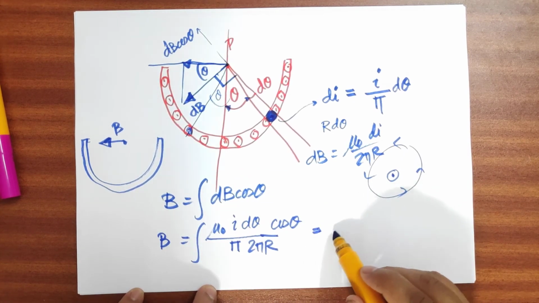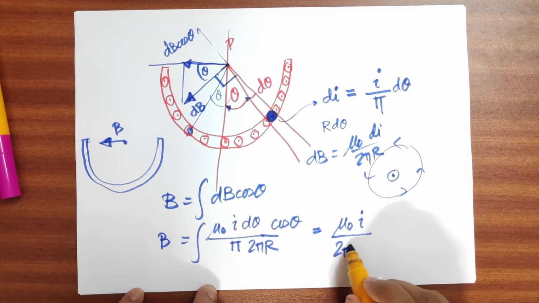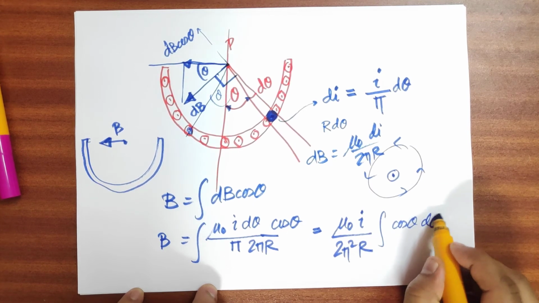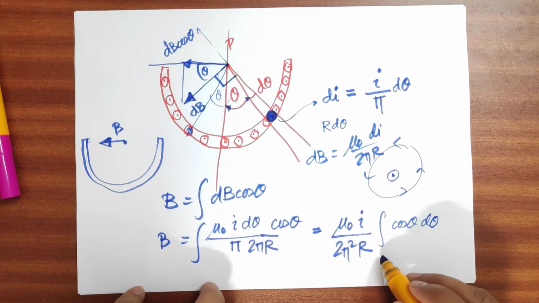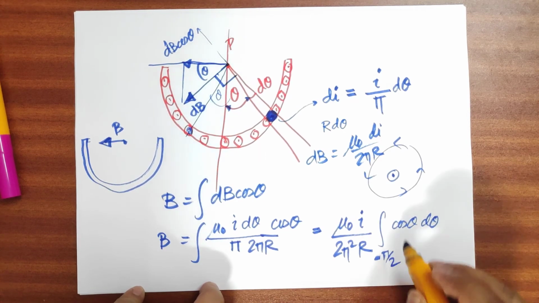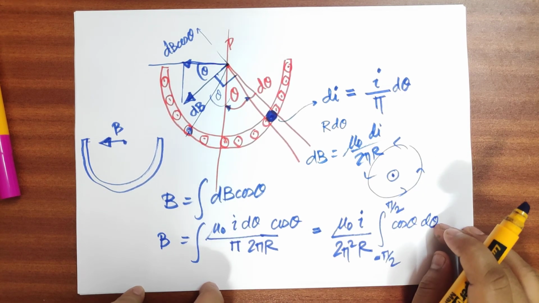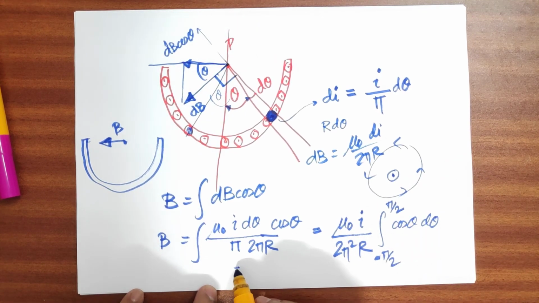So that is mu naught I divided by 2 pi square r, times the integration of cos theta d theta. The limit of theta is from minus pi by 2 to plus pi by 2. Here you have sin theta. Sin theta with these limits will give you 2. So the field is mu naught I by pi square r.